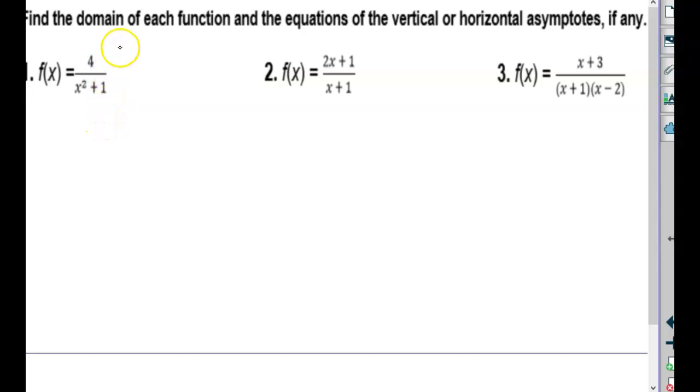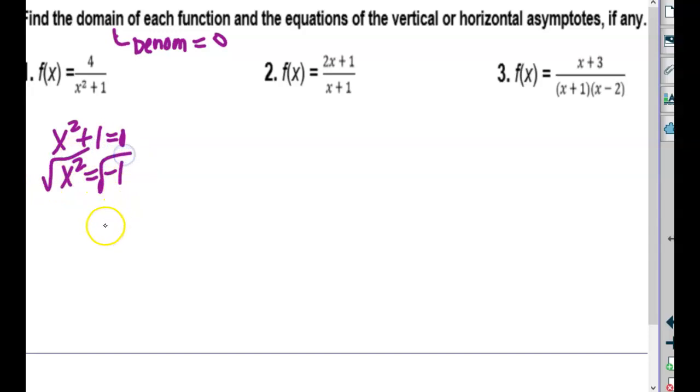Domain. Set the denominator equal to 0. x squared plus 1 equals 0. Does that have real solutions? x squared equals -1, take the square root. Those are imaginary, right?